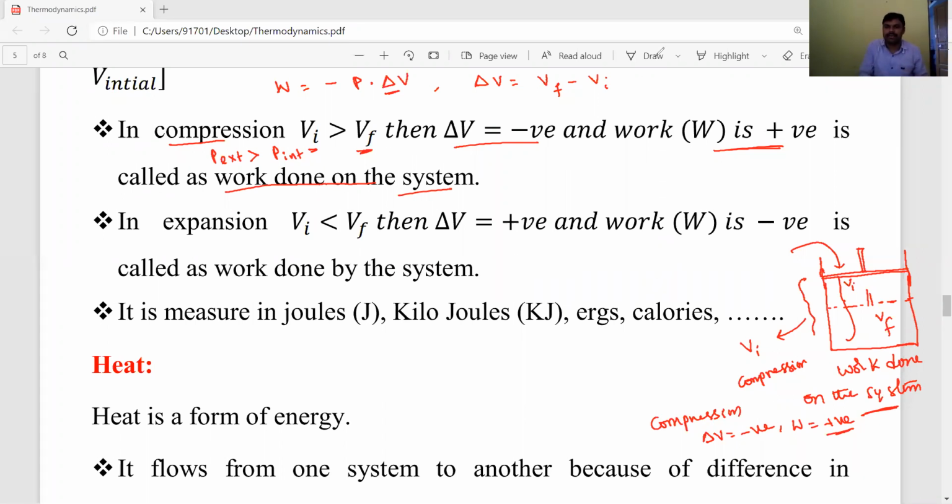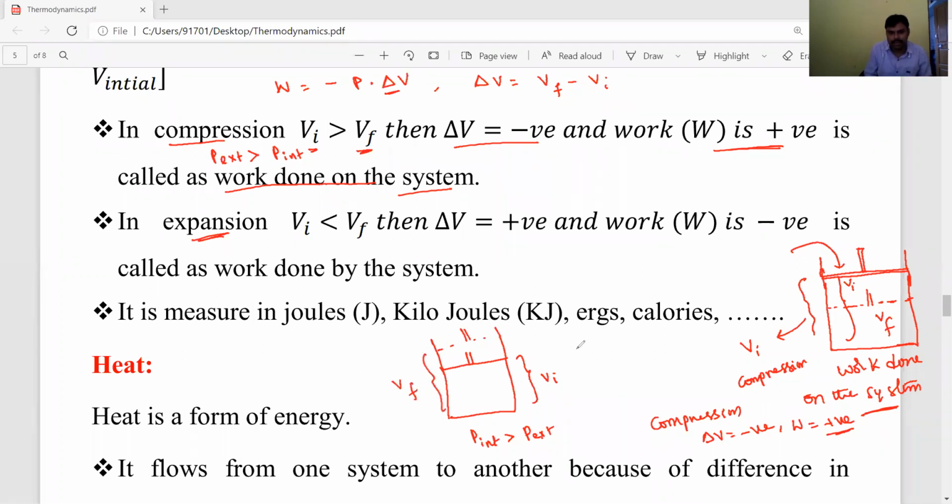Now let's see the reverse. For example, take one piston, one closed system. Here the piston is present. This is the initial volume Vi. Now in this case the internal pressure is more than the external pressure, so the system will expand. If there is expansion, the piston moves like this, and then it is called the final volume.